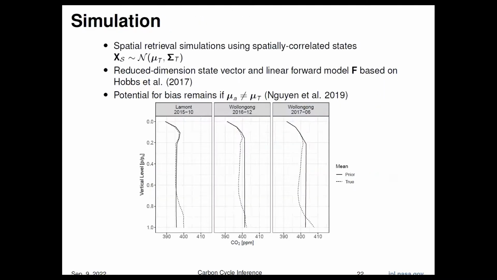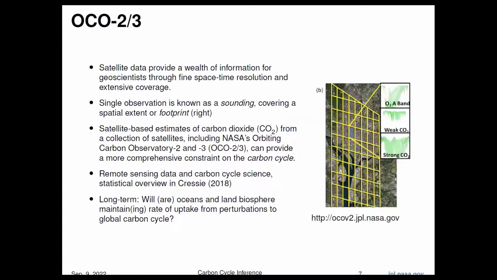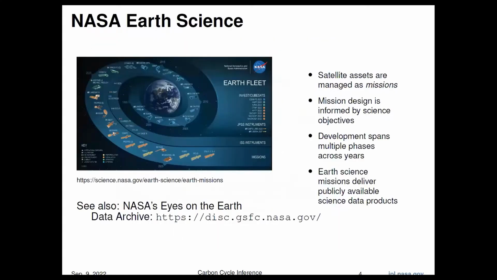Yes, so let me go back. I think I had this way early on. Yeah, so OCO2 and 3 data products are available from the NASA archive here. Definitely for OCO2 and OCO3, they have level 1 collections of the level 1 data products there, as well as the level 2 data products.